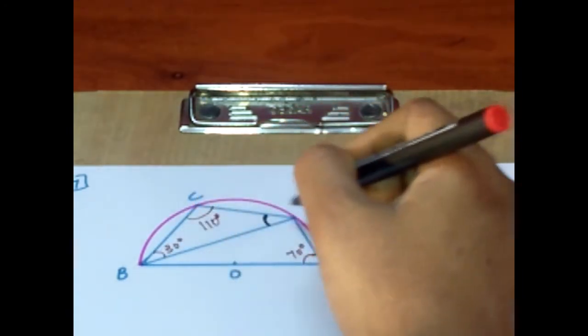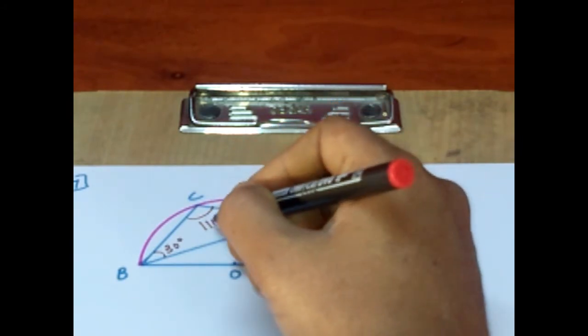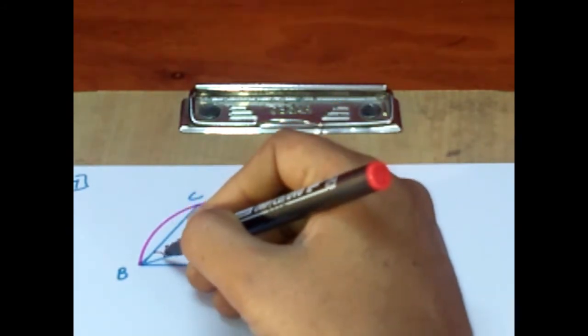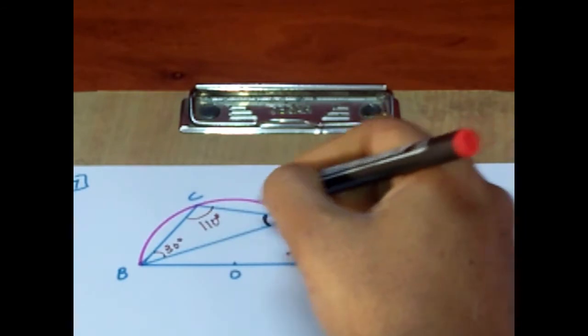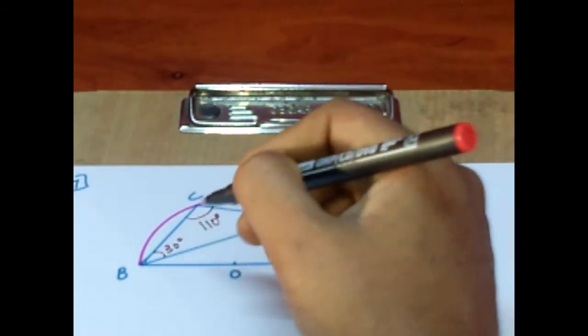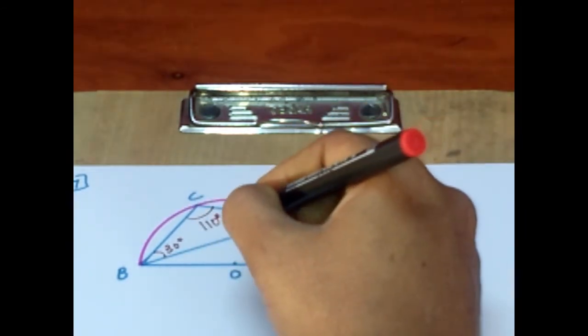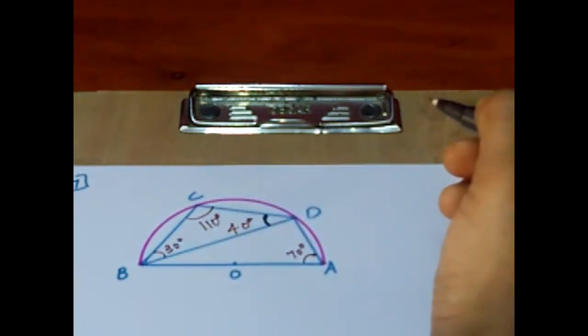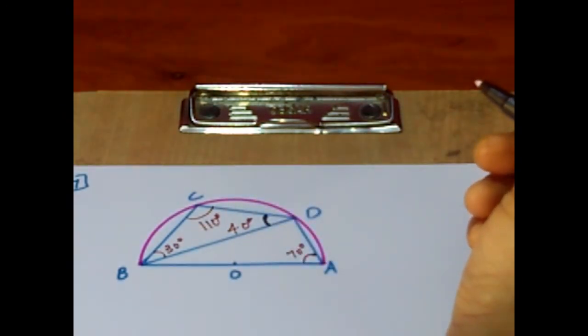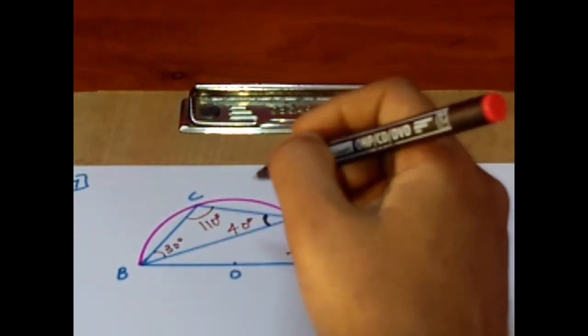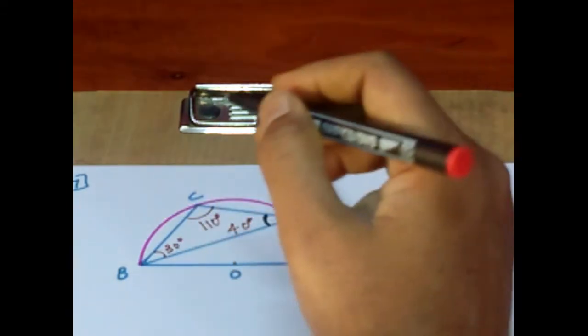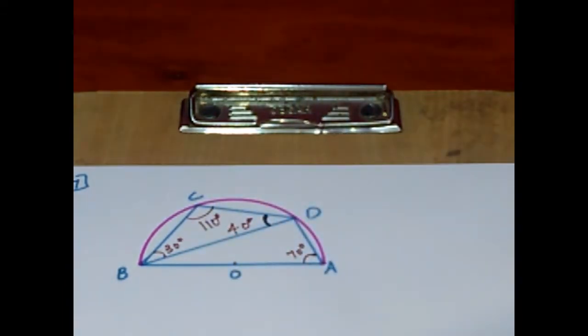Now with the help of angle sum property, angle C is 110, angle B is 30 degrees. Hence the measure of angle BDC will be equal to 40 degrees. This is one of the simple methods to calculate the measure of angle BDC. I hope you can write the solution, children.